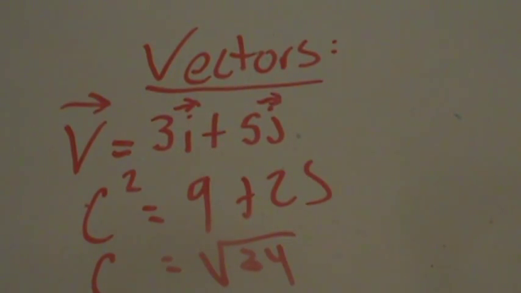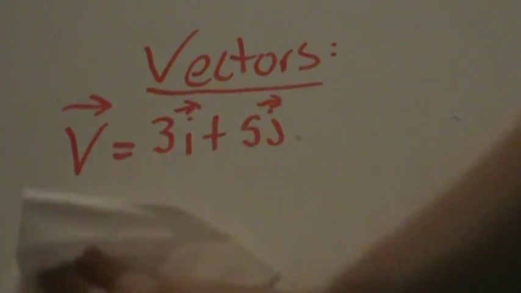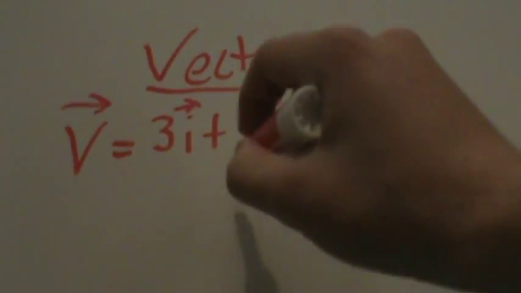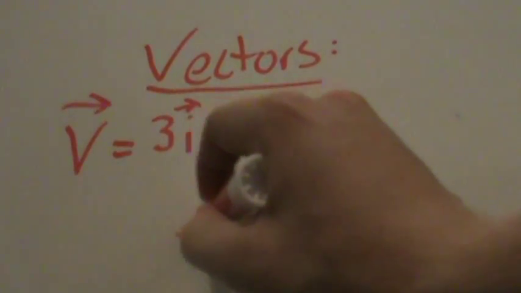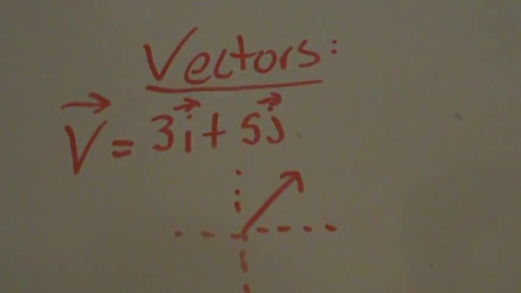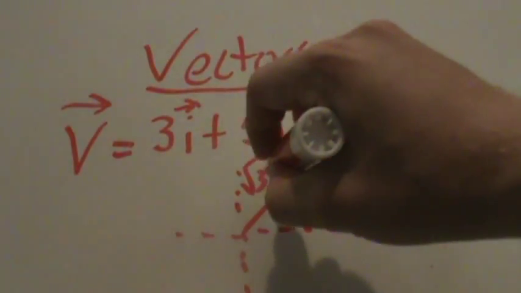So we know that the vector 3i plus 5j, from our graph, has a direction of northeast, and its magnitude is the square root of 34.